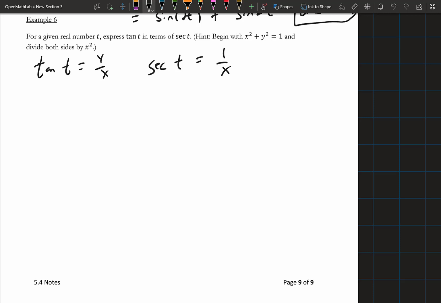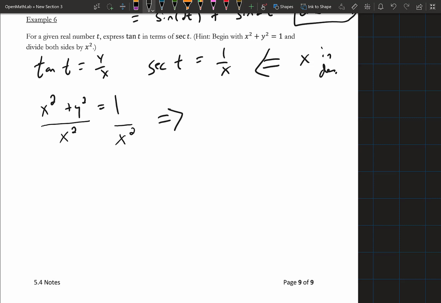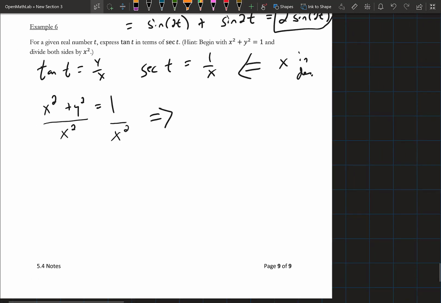So if I have the expression x squared plus y squared equals 1, notice that both of these have x in the denominator. So that's why it makes sense to divide both sides by x squared. So if I divide both sides by x squared, you might be thinking, why aren't we dividing just by x?